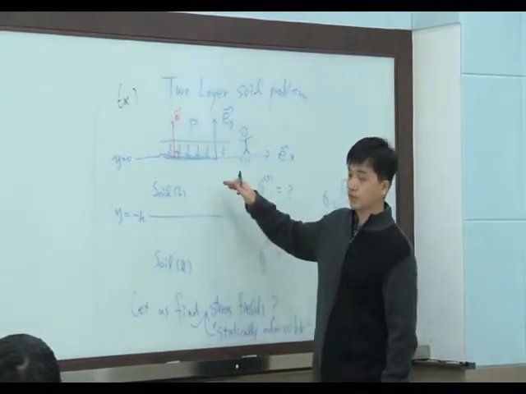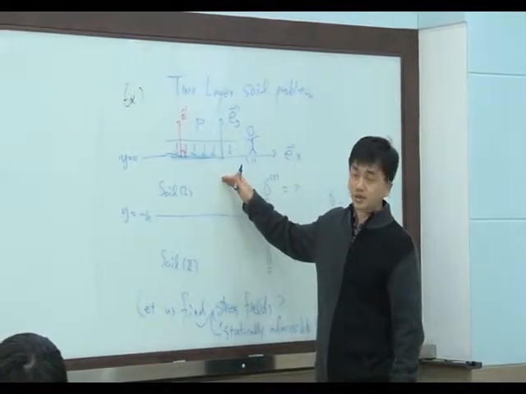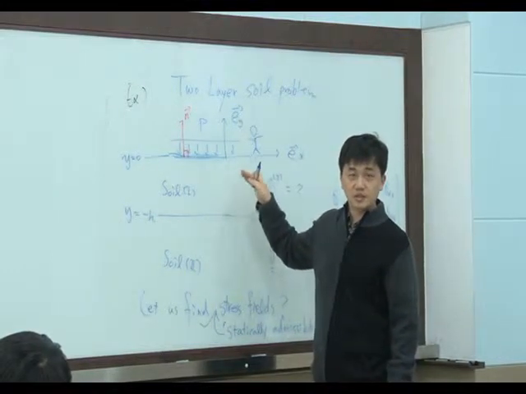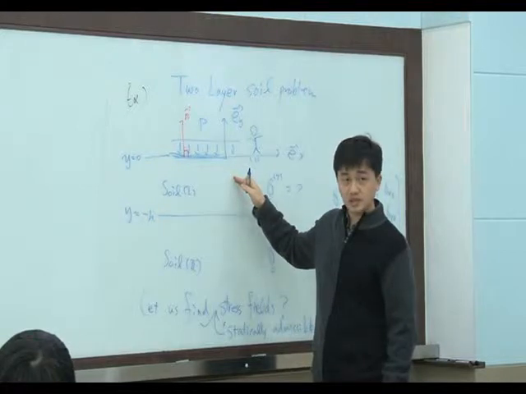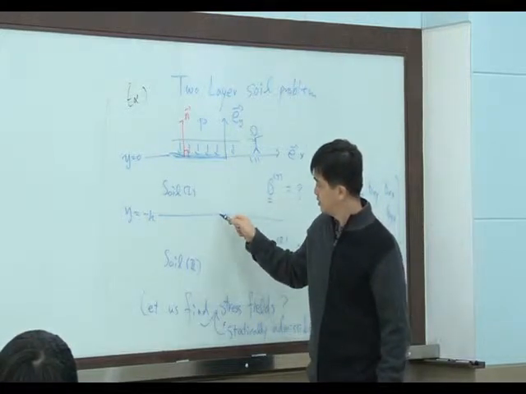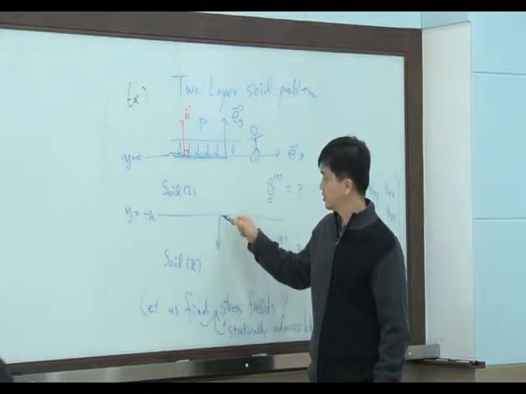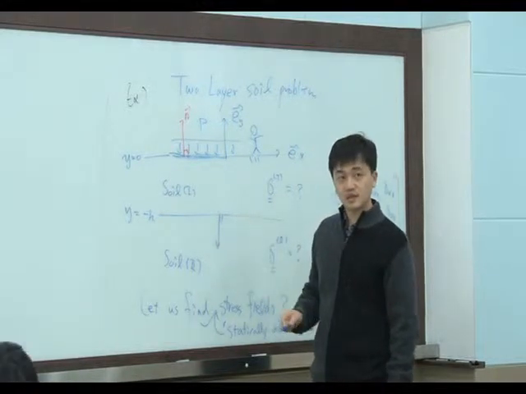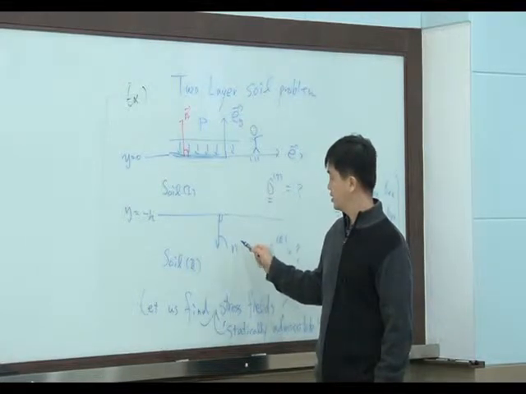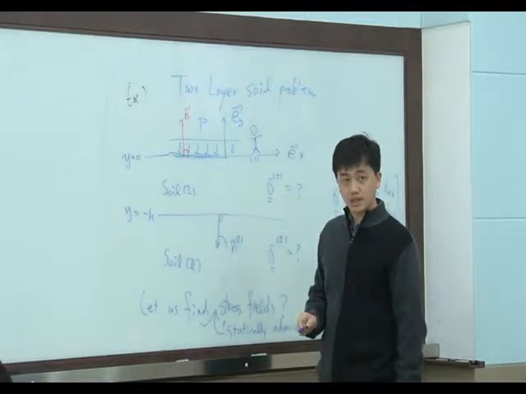Let's consider the soil layer 1. This is our body. For soil layer 1, the surface normal vector is this one, right? Let's say this is n1, right?